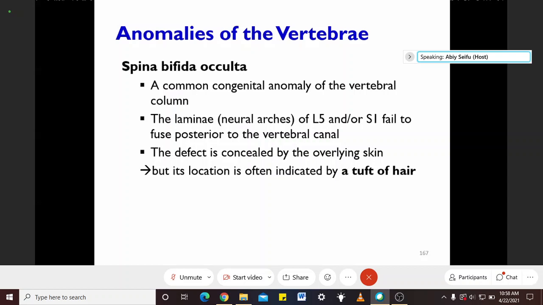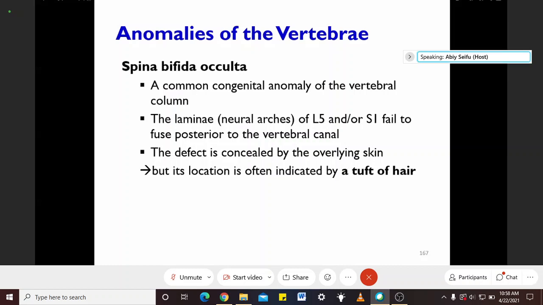But in this case, the neurovascular structure that is found within the vertebral column may not be displaced from its original place. But the defect may be concealed by the overlying skin. The skin has a tuft of hair over it.